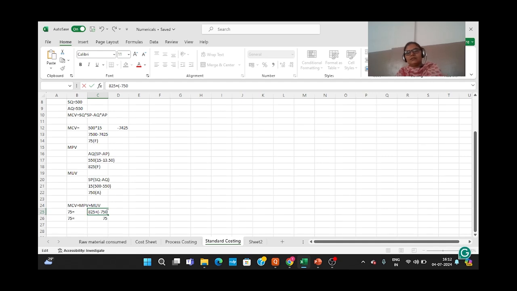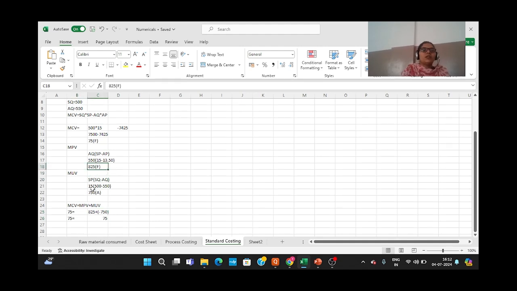Put it like this so it can be clearer while you are going through the question. So this equation, material cost variance is equal to material price variance plus material usage variance, will help you understand whether you have solved the question correctly or not.